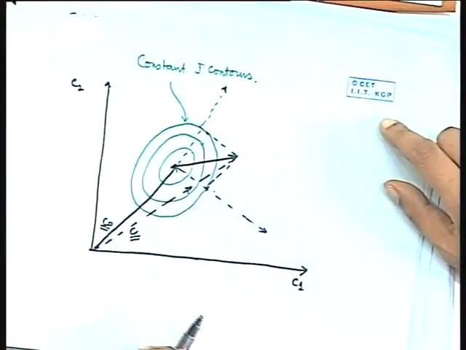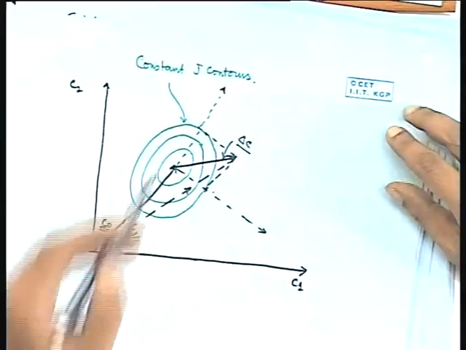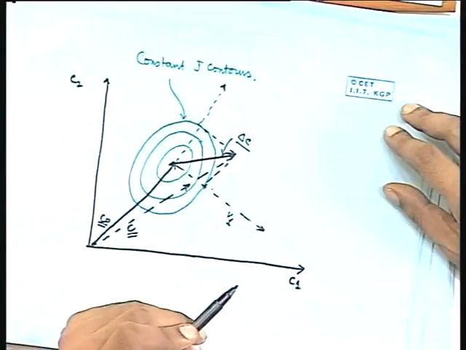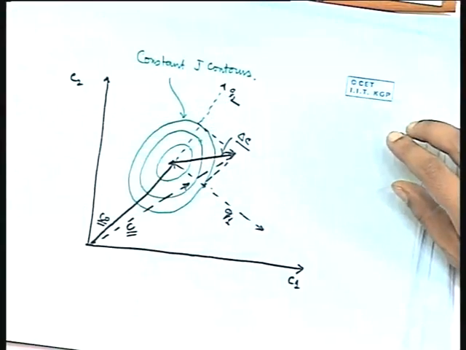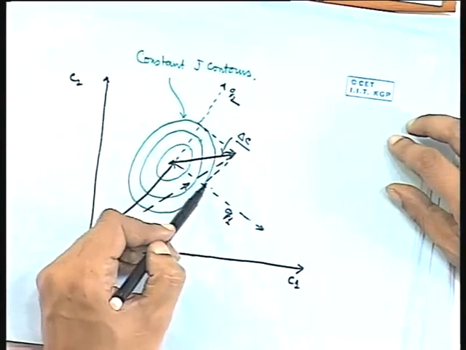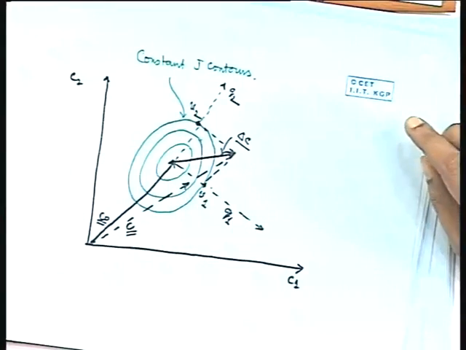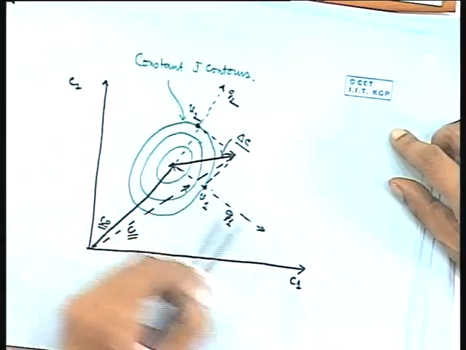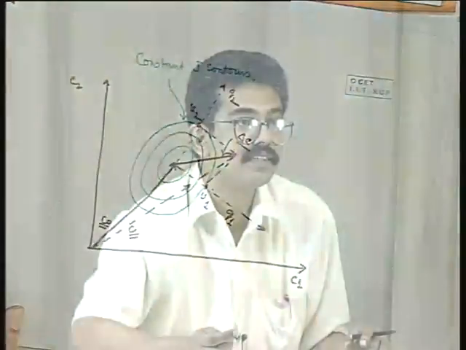Now if I choose some other weight C, this vector is my delta C. Suppose this is one eigenvector, q1, and this is the other eigenvector, q2. If I project this vector, this will be my v1 and this will be my v2. That is, I am trying to express this vector in terms of these coordinate systems. They are also orthogonal coordinate systems, so I can always express it.